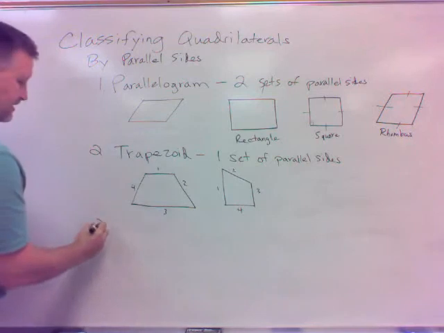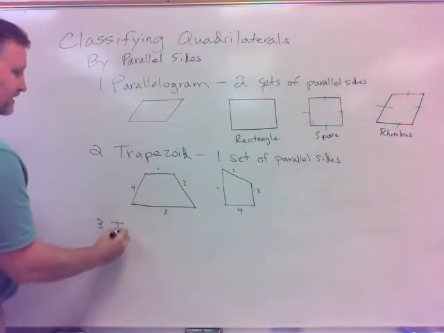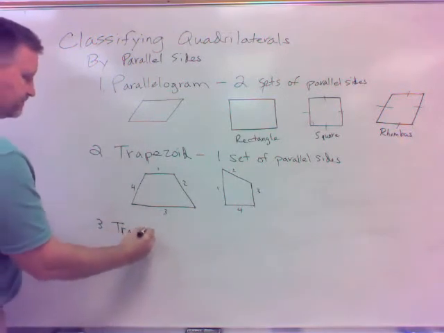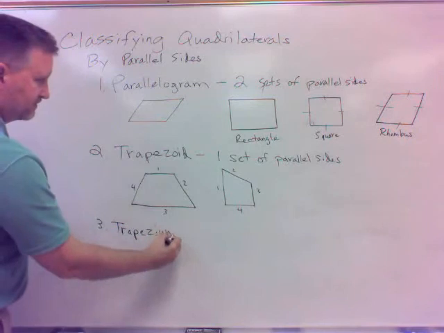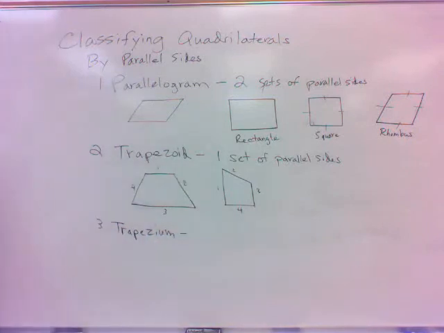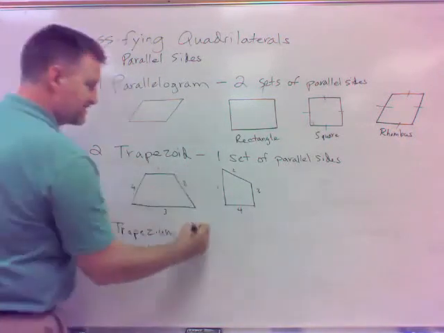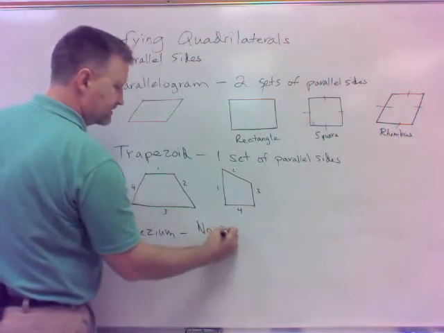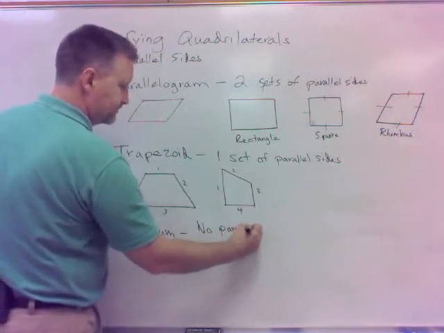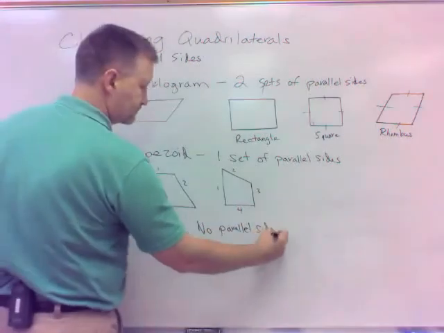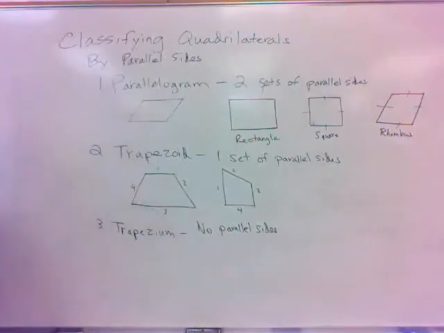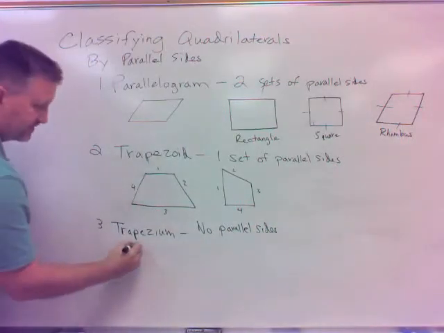Okay, and then last but not least is the trapezium. Maybe one you've never heard of, but there is such a thing as a trapezium, and it's no parallel sides in your quadrilateral at all. Probably the easiest one to draw is the kite shape.